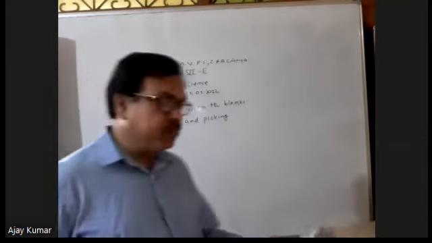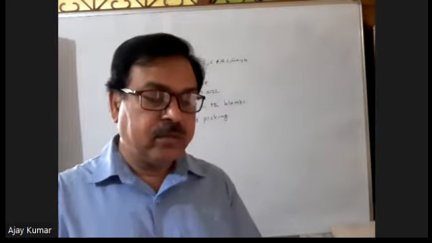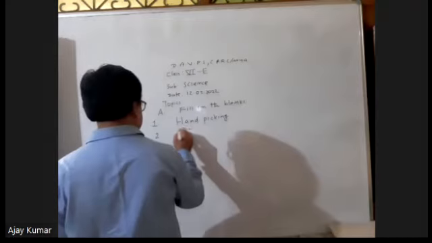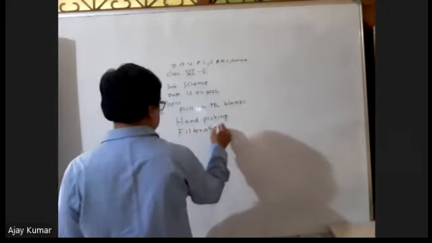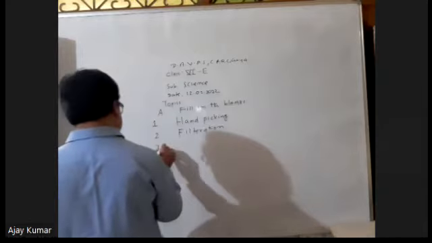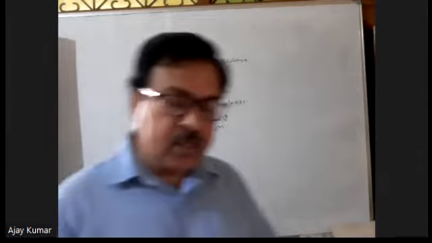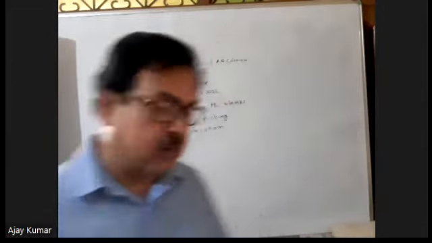Common salt is prepared on a large scale through the process of evaporation. Separation of tea leaves from tea is done by the process called filtration.